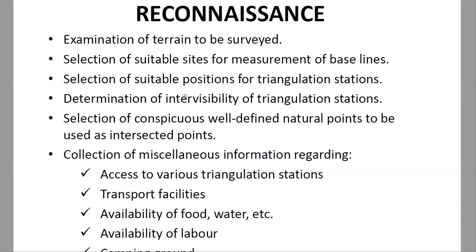If the stations are not intervisible, or if there is some irregularity in the signals, then there may be a problem, because we need to calculate the angles of the stations so that we can find out their lengths using the trigonometric relations. That's why intervisibility should be there, and therefore we need to select a suitable position for triangulation stations.